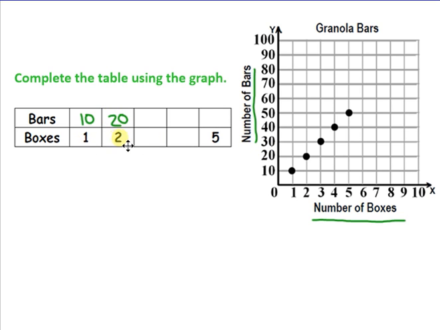Now we go 1, 2, space, 5. So that's going to be 3, 4. 3 boxes gives us 30 bars. 4 boxes gives us 40 bars. 5 boxes gives us 50 bars. And that's all we have to do there. We're working backwards.